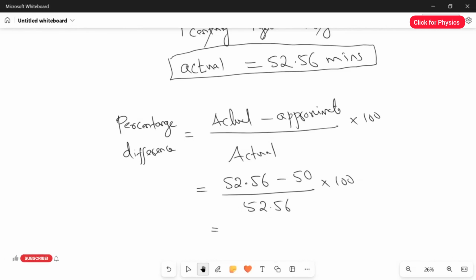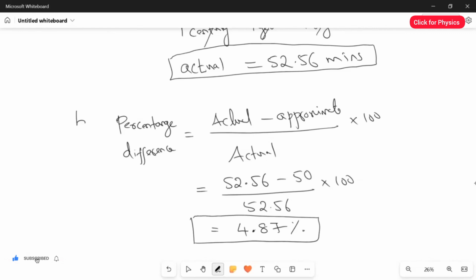Let's see what the answer is. I got 4.87%. So the percentage difference between the actual and approximate value is 4.87%. This will be the answer for your second question. Thank you.